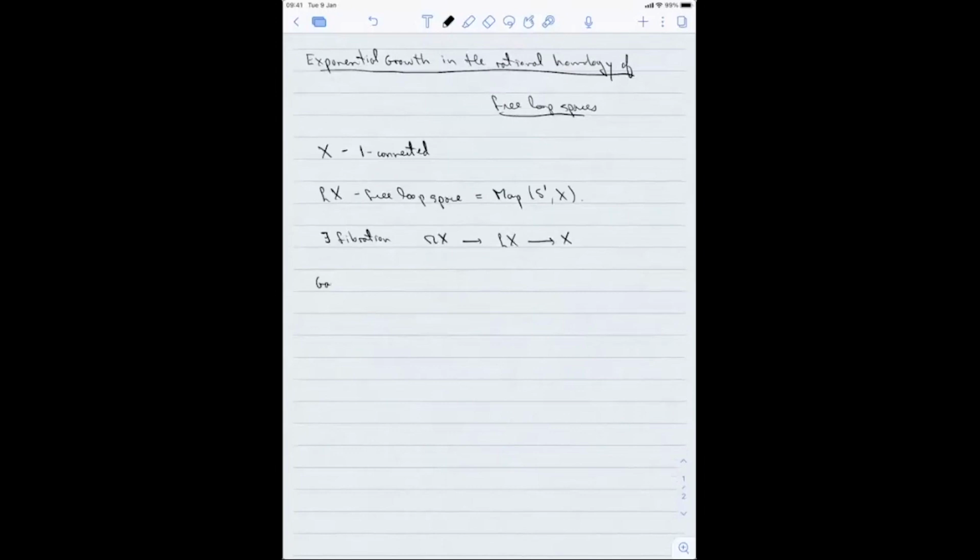And the goal is to study growth in the homology of the free loop space. Think about rational coefficients. The rational people have thought about this quite a lot.